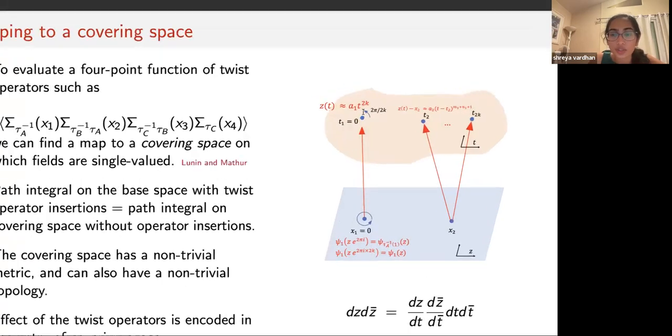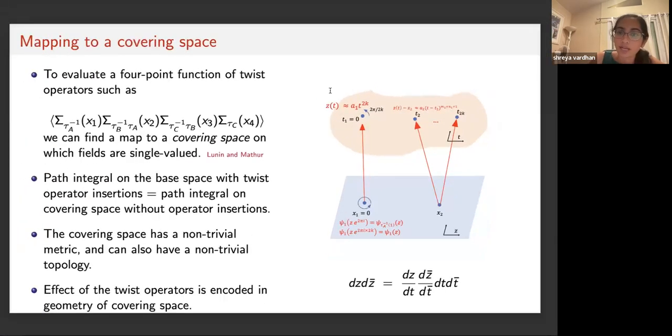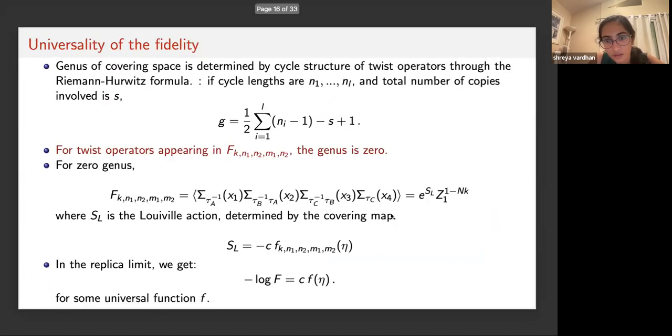And recall that the only input that went into the covering map is basically what kinds of permutations I have in my endpoint function. So in particular, it doesn't depend on any details of the theory, and it only depends on things like k, n1, n2, m1, m2. So it'll be some function which is determined by the covering map.